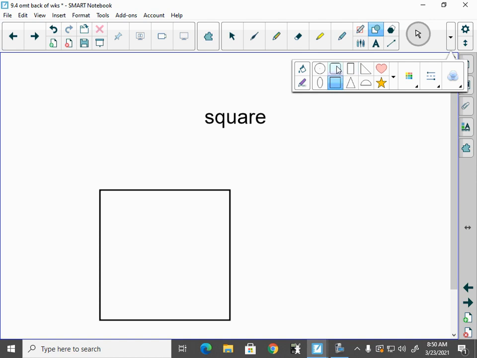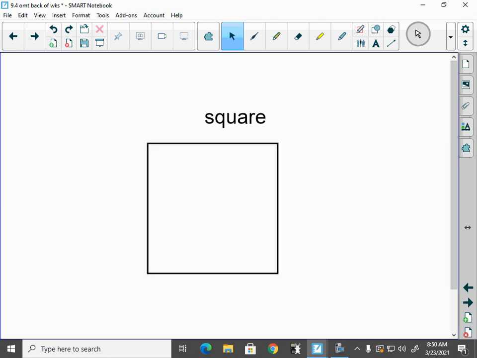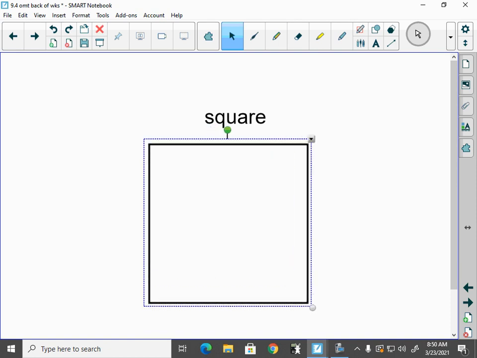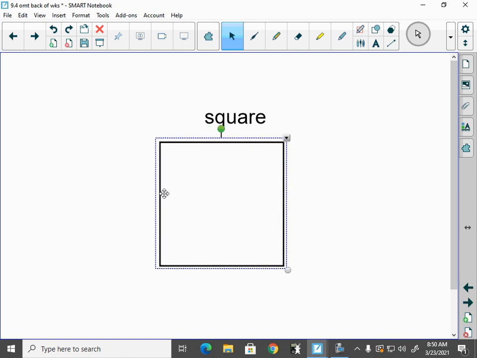If I would have selected that, that's not a square. What is that? I don't know. Okay, so let's pretend this is a square, even though it looks like kind of a rectangle. Or widen it. I don't know if I can. Let's see. No, I can't. The only way I can stretch it is this way. It won't let me. You know what I'm saying?